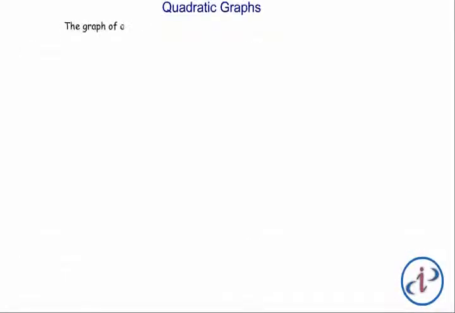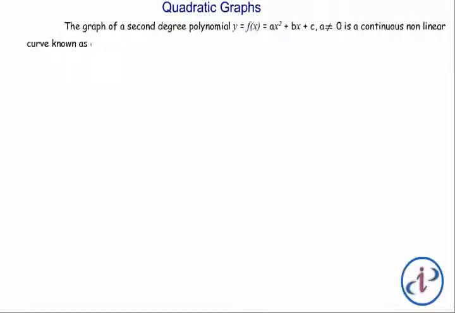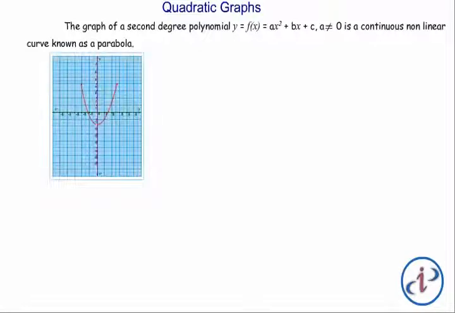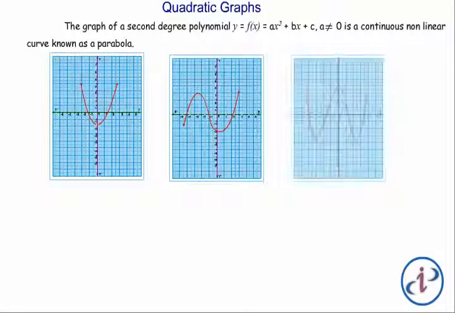The graph of a second-degree polynomial y is equal to f of x is equal to ax squared plus bx plus c, where a is not equal to 0, is a continuous non-linear curve known as parabola. Here are few examples given for graphs.